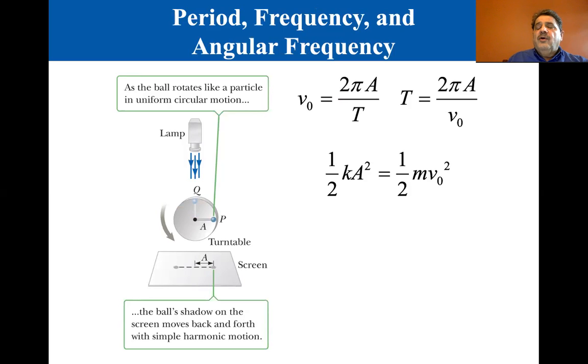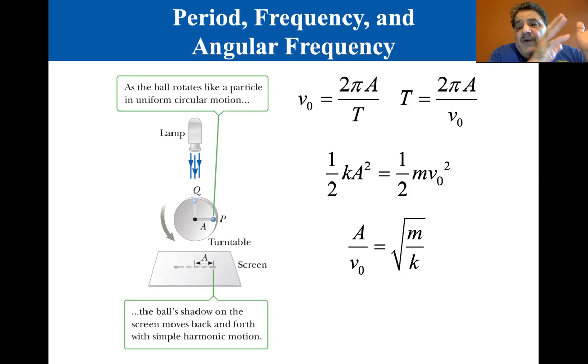So you're going from full potential energy to full kinetic energy. 1/2 k a squared equals 1/2 m v0 squared. If we divide both sides by v0 squared, and divide both sides by k, we have a squared over v0 squared is m divided by k. Now we take the square root of both sides to get a over v0 equals the square root of m over k.